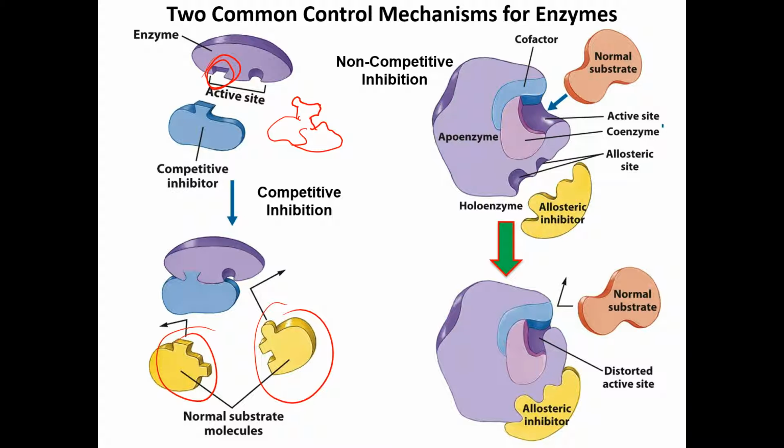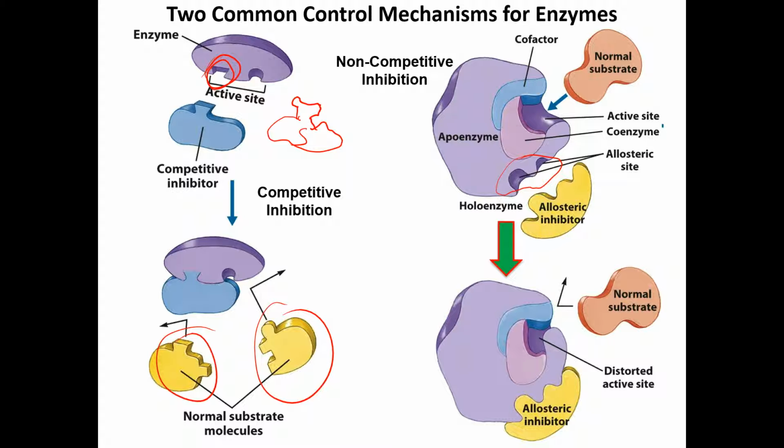As a result, that enzyme isn't contributing to increasing the rate of a chemical reaction. It's basically inert, no longer functional. It's taken out of the picture. Now, non-competitive inhibition involves what's referred to as allosteric inhibition. You have some other molecule, but in this case, it's not targeting the active site. It's targeting the allosteric site, which is just some other site on the enzyme.